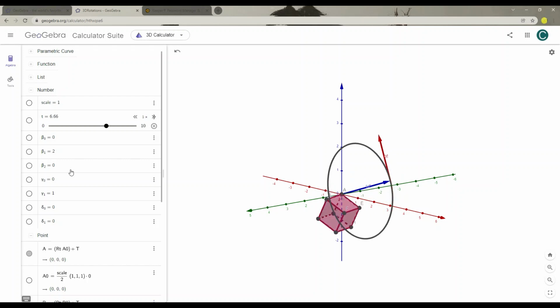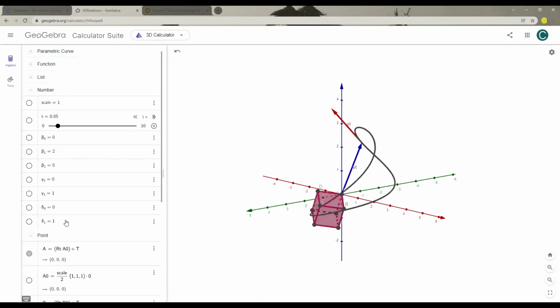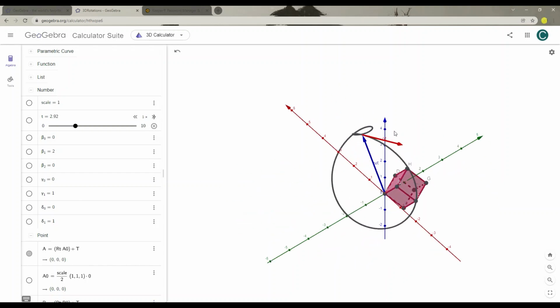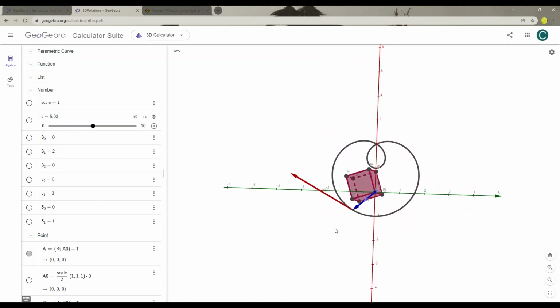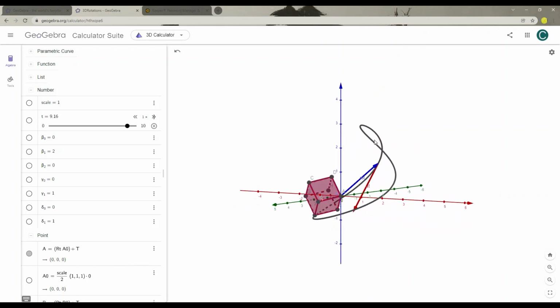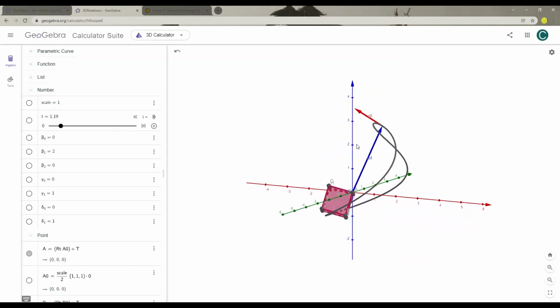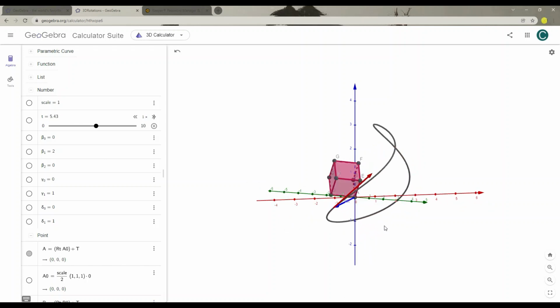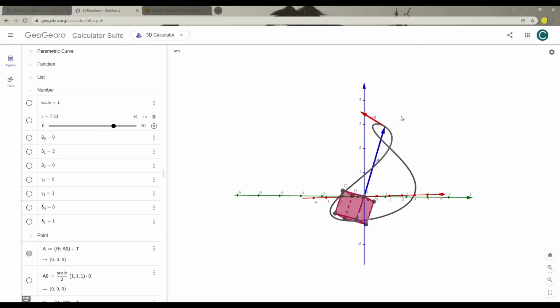All right, so an even more complicated situation would be something like this. And notice that the angular acceleration is at all times tangent to a curve traced out by the head of the angular velocity, which is what you would expect, right? The angular acceleration is going to wind up being the time derivative of the angular velocity.